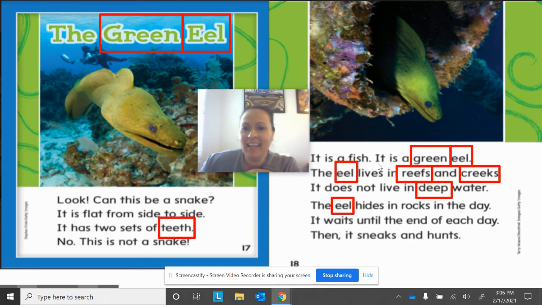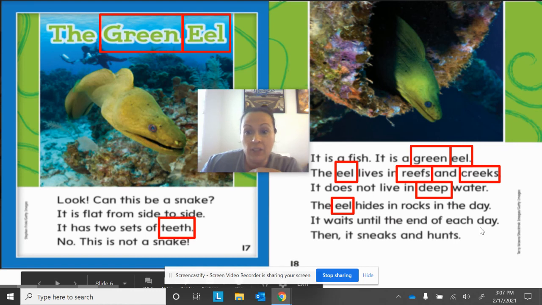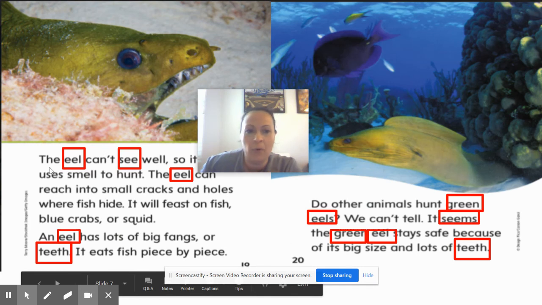Weird looking fish, right? It is a green eel. Very good. The eel lives in reefs and creeks. Very good. It does not live in deep water. The eel hides in rocks in the day. It waits until the end of each day. Then it sneaks and hunts. So remember, when I take that pause, I want you saying that word.